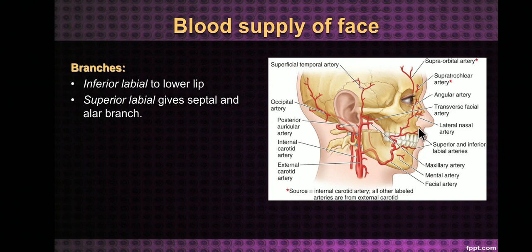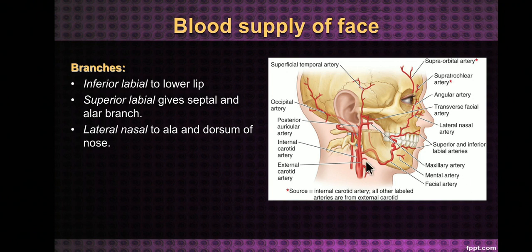This septal branch anastomoses with two other arteries, the sphenopalatine artery and the anterior ethmoidal artery, and that is called Kiesselbach's area in the antero-inferior part of the nasal septum. So the septal branch takes part in the anastomosis in Kiesselbach's area of the nasal septum, Little's area.